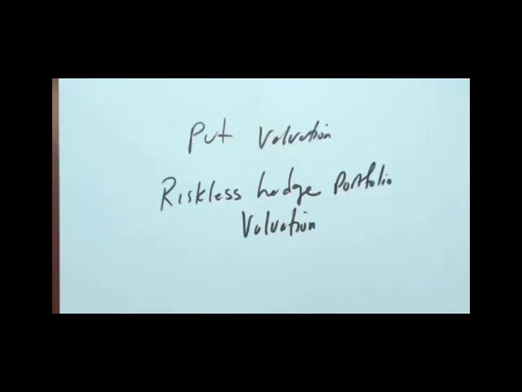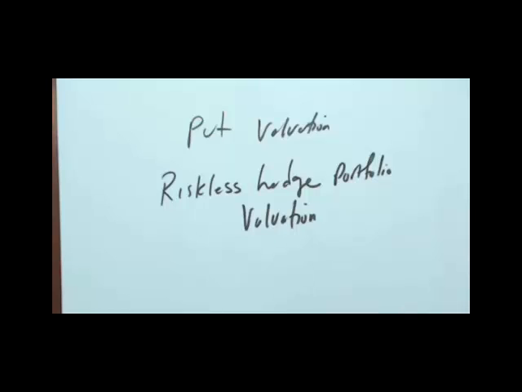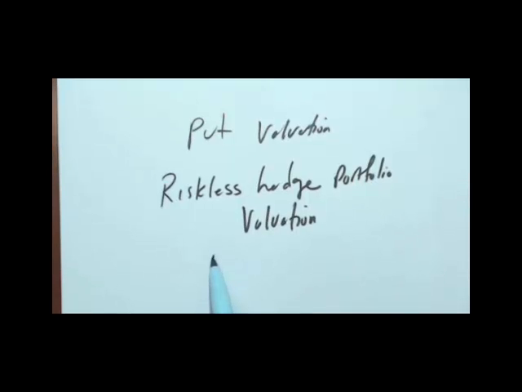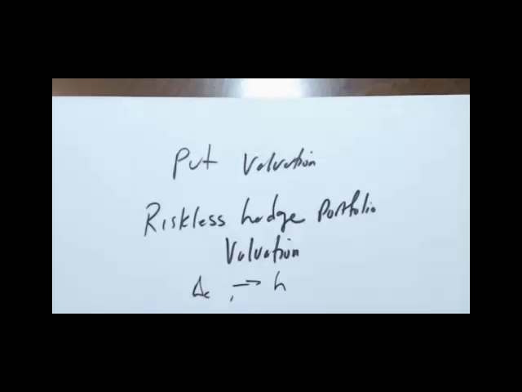Now let's value the put option on the same tree using the riskless hedge portfolio evaluation method, the one with delta C, which I said measures basically H. It showed up in both math, but this is not going to be the replication model.